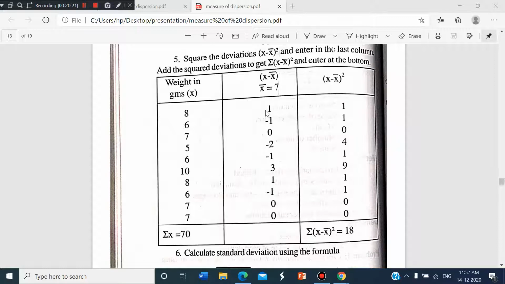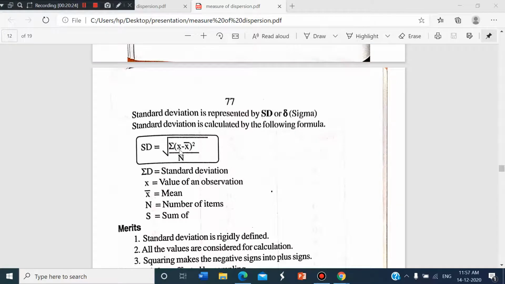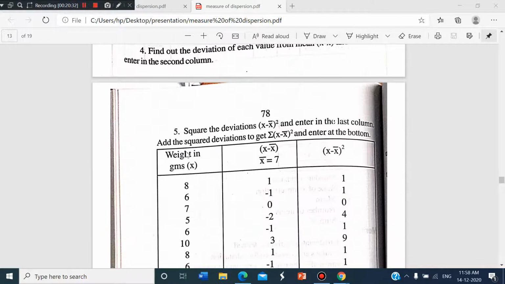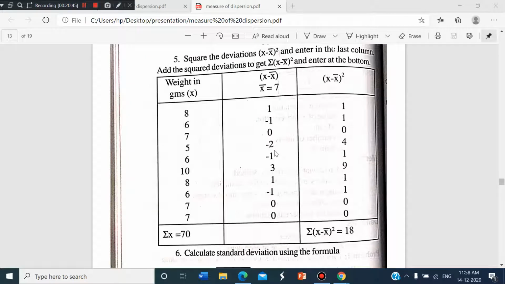What we need here for the calculation is summation x minus x bar whole square. Now what you do is take the x minus x bar values you got and make them x minus x bar whole square. Whole square of 1 is 1, minus 1 is plus 1, 0 is 0, whole square of minus 2 is 4, whole square of minus 1 is 1, whole square of 3 is 9, whole square of 1 is 1, minus 1 is also 1, and for 7 it is 0.